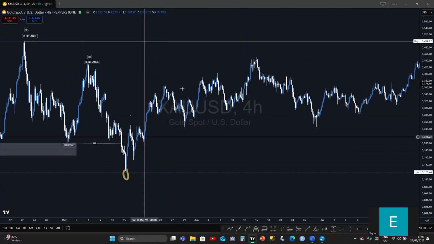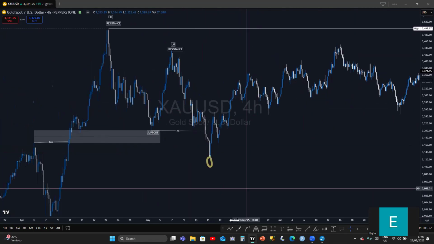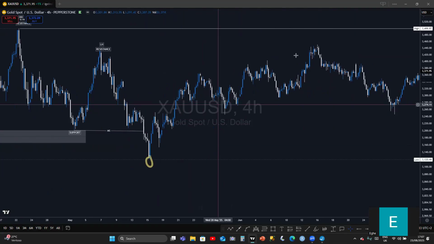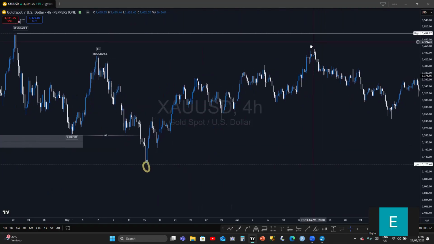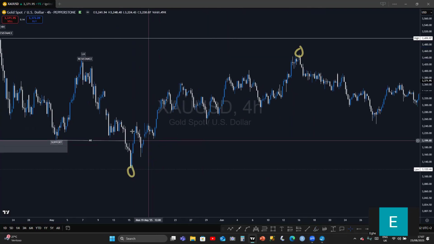Before the daily time frame moves, we have 4 hours in between. So before the 4 hours pushed to this level, what happened? This is the low and this is the high of these 4 hours. Look at what happened. It gave us a change of character here, or a market shift.